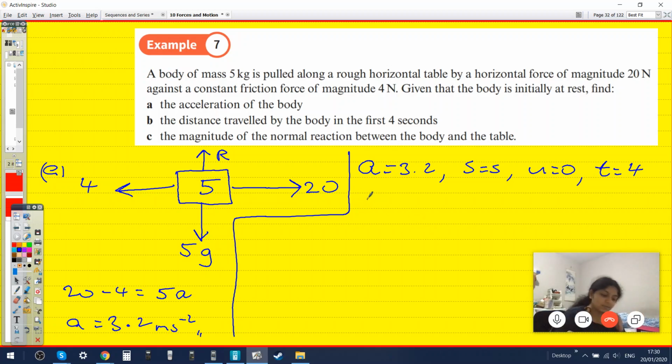So, which one do I use? It's not U, not V. Isn't there UT plus half AT squared? S equals UT plus a half. I'm not sure if that's right, but it might be. Yep, sounds right.